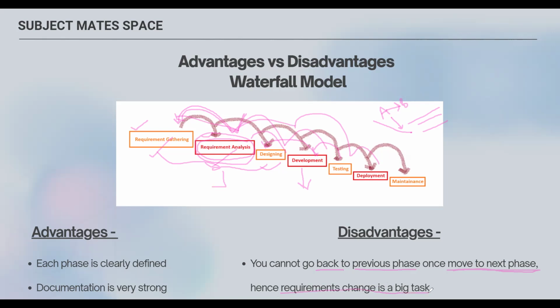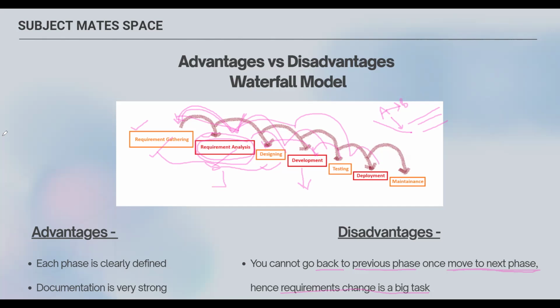Now, waterfall model is only good if your project is small. If there are only specified requirements to make an application, then that is perfect. But if you have a large, big project, then definitely it is the toughest and most difficult model to implement.